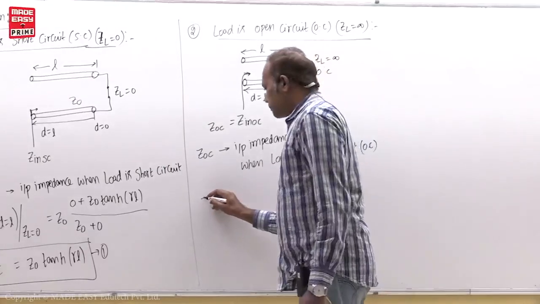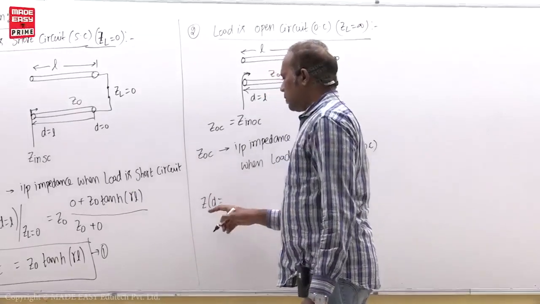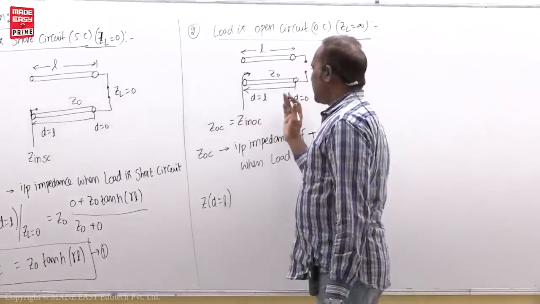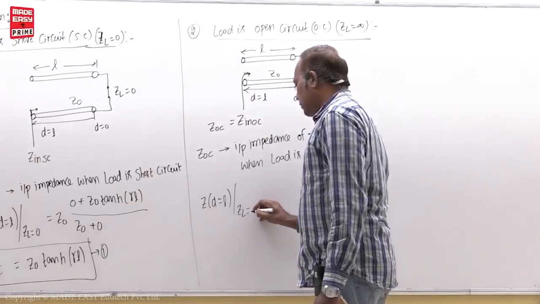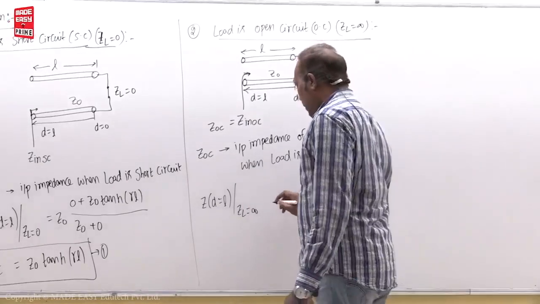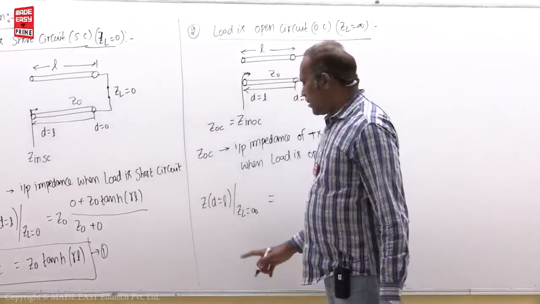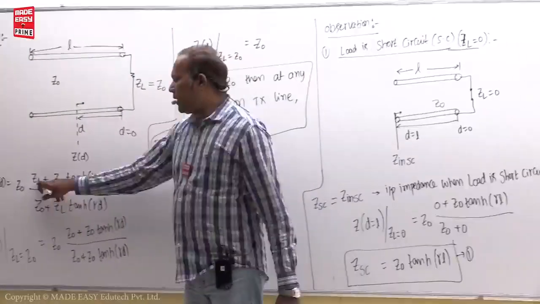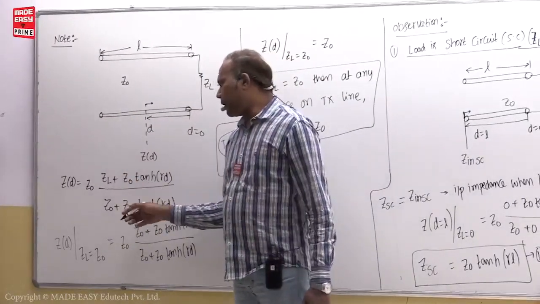Now when you substitute impedance of the transmission line when D is equal to length, that means you come to the input, then ZL is equal to infinity. Then what you do, students? Here, if you substitute ZL is equal to infinity, infinity by infinity becomes not defined.